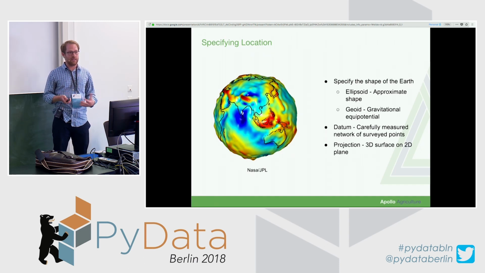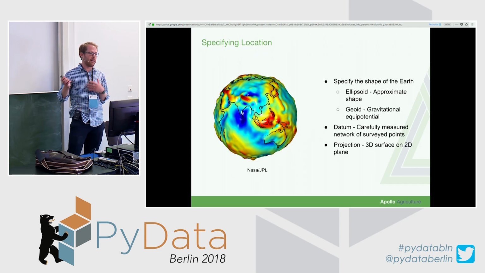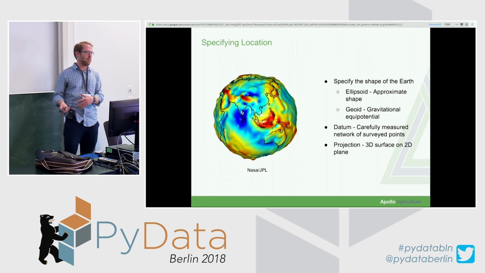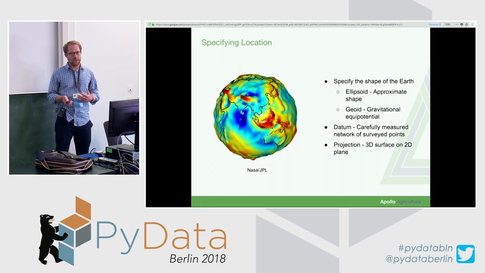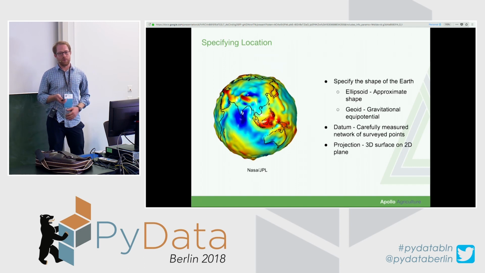Normally you approximate it as something like an ellipsoid, and there are different ellipsoids used throughout. A good approximation for the ellipsoid in North America is very different than a good approximation in Australia. And then on top of it, if you want to be really accurate, you need to recognize that there are lumps throughout. There are inconsistencies in gravitational forces, and you can specify that in terms of the geoid. All these things get encoded into something like EPSG 4326, and that's what that means.